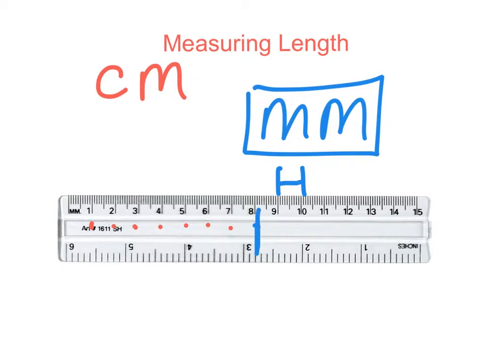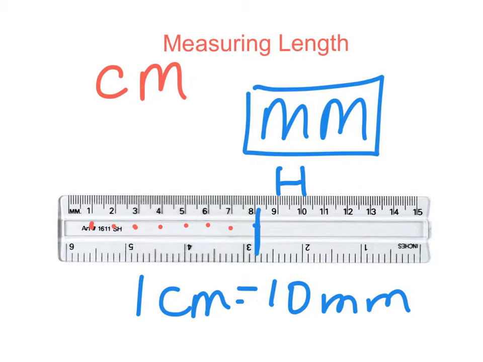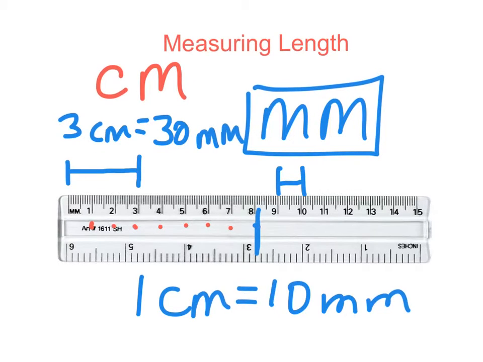Little measurements like that. So in between each centimeter, there are 10 millimeters. So 1 centimeter equals 10 millimeters. So starting at 0 and going up to 3 centimeters, that is equal to 30 millimeters, because we have 10, 20, 30. 30 millimeters. Remember that there's 10 millimeters between every centimeter.